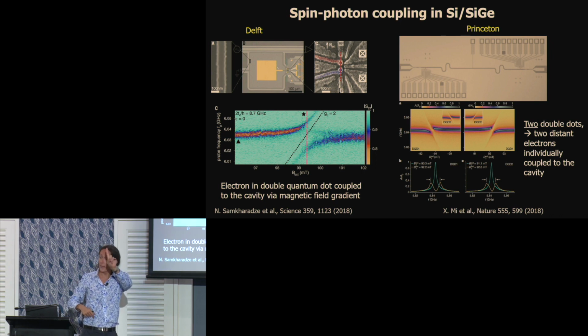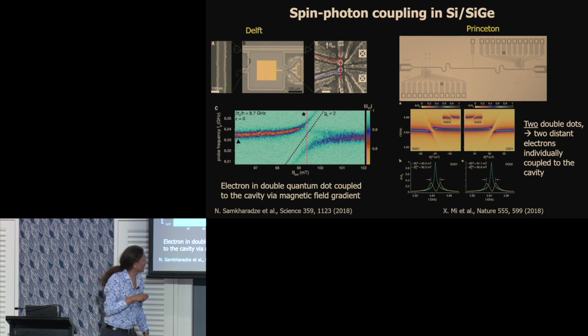So you have one electron, two quantum dots. The electron can wobble between the two dots, and there is a micromagnet that couples the charge position to the field that it experiences transversely. That's how you drive the spin resonance, by moving the charge. And so the resonator vacuum electric field wobbles that electron and couples to the spin degree of freedom.